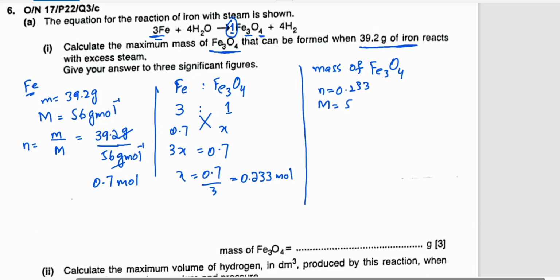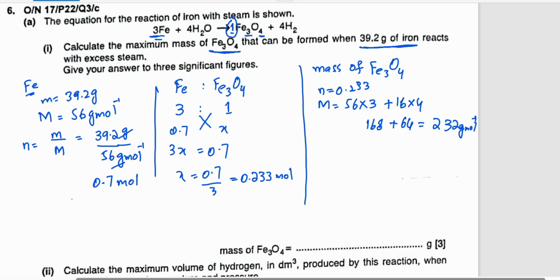So 56 for 1 iron, for 3 atoms multiply by 3, plus 16 for 1 oxygen multiplied by 4, which is 64. 56 multiplied by 3 becomes 168, plus 64, what we get is 232 gram per mole.